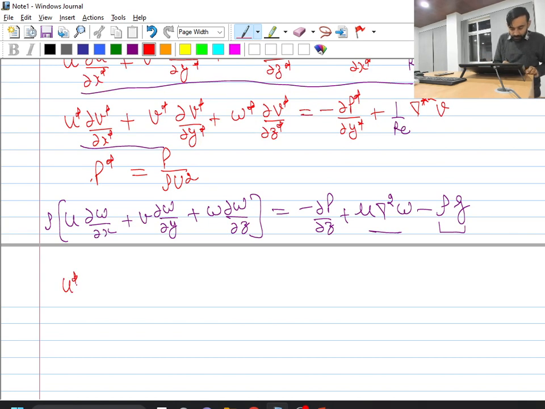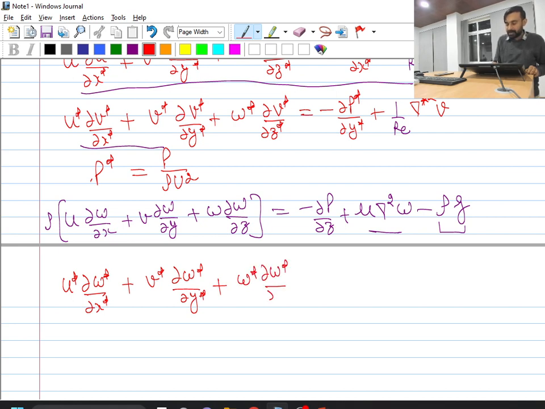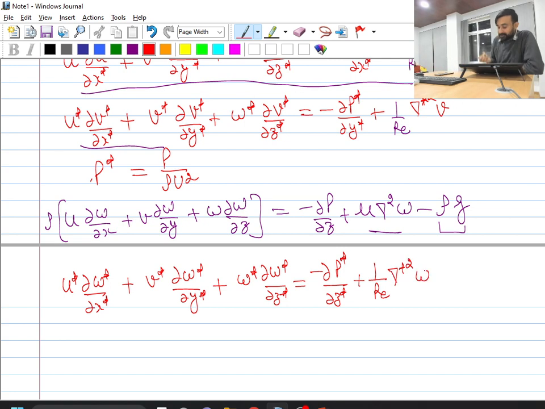So I will find that u star times del w star by del x star plus v star times del w star by del y star plus w star times del w star by del z star equals minus del p star by del z star plus 1 by Reynolds number times del star square of w, and now the important term.